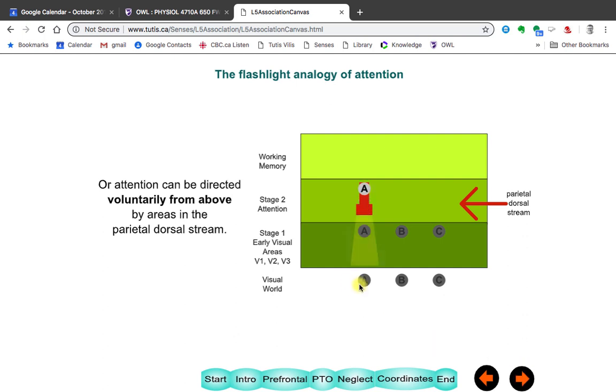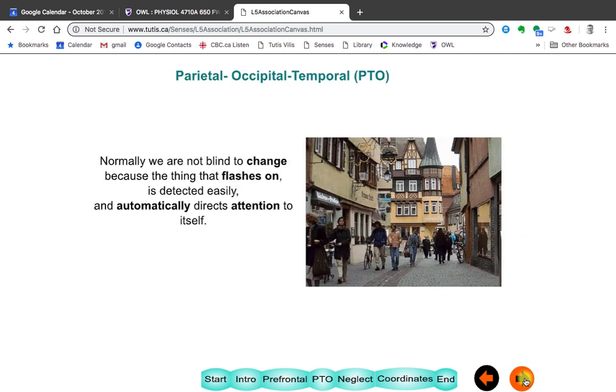Here you decided you want to look over here, and A enters your cortex. Then you want to look at B, and B enters the cortex. And now you want to look at C, and C enters your cortex. So you can drive these things by your will or external functions.